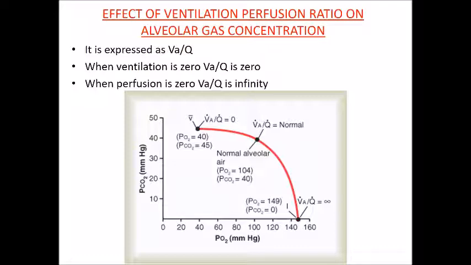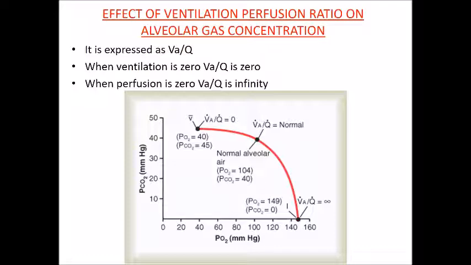Now go down. If ventilation is normal but perfusion is decreased, gradually the curve will go down, and when perfusion becomes almost 0, the ventilation perfusion ratio will become infinity and the alveolar air gas composition will become almost equal to atmospheric air. You all know that once the atmospheric air enters into the lung, it will get humidified and the PO2 will become 149 and the carbon dioxide is 0.3.